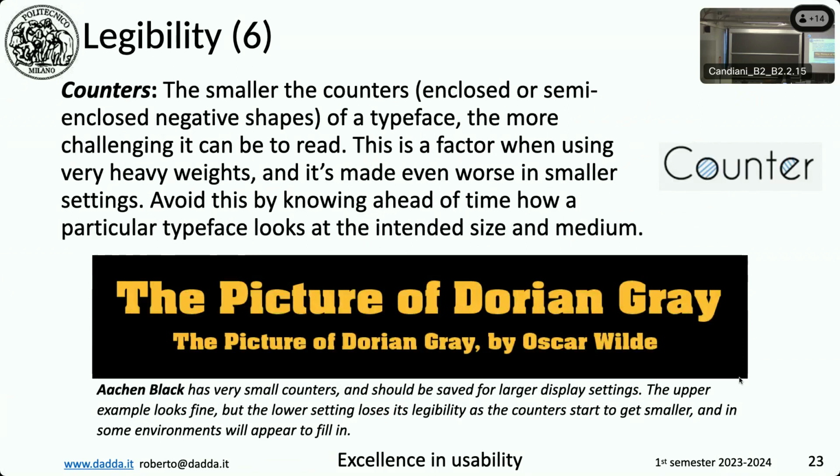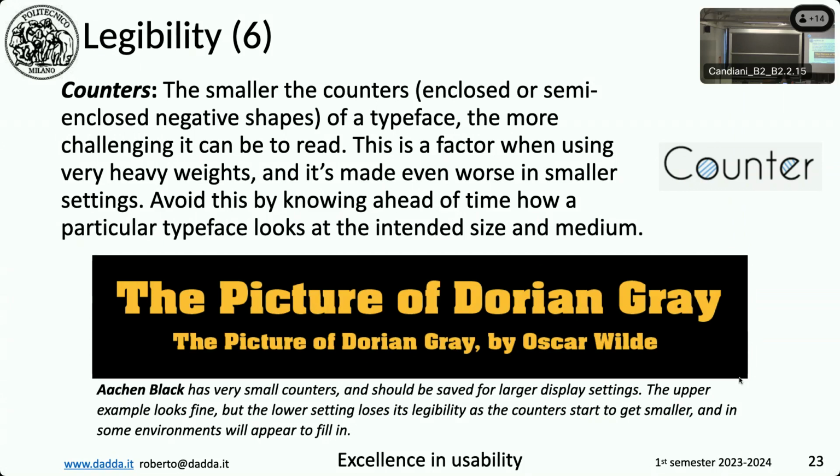Legibility is killed when you kill the counters. The counters are the elements that are enclosed inside the O, for instance. If you try to make them too small, for the same reason we mentioned before about shape, not the shape of the word, but the shape of the letter, reading suffers.